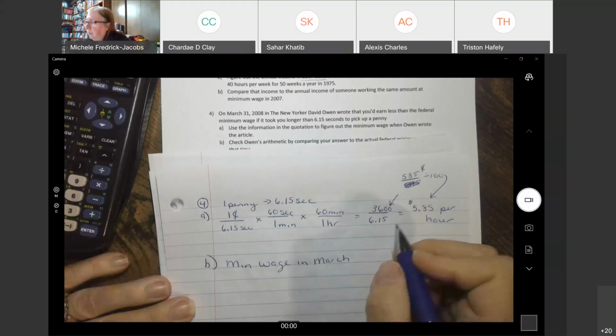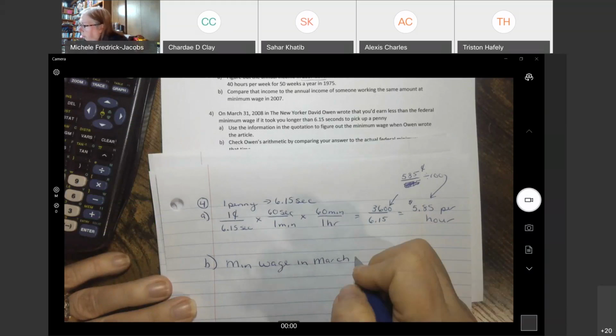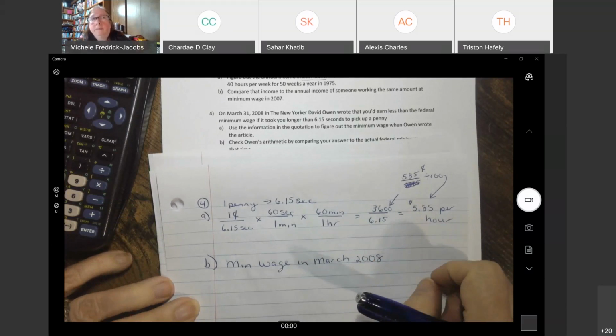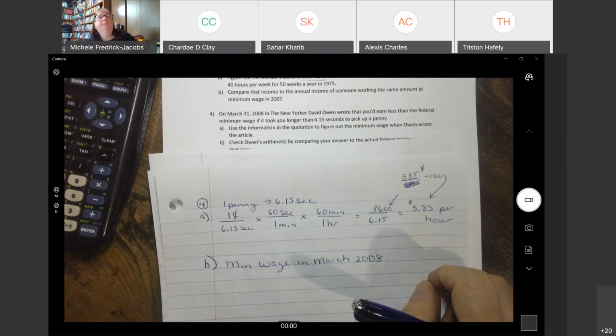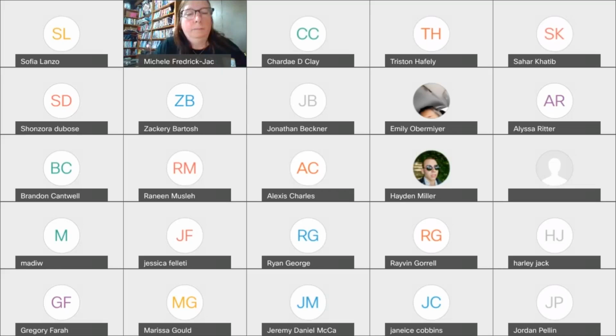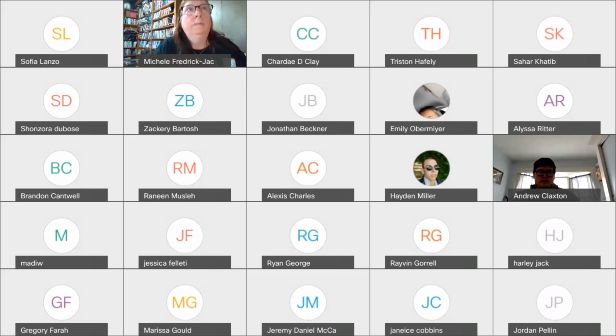So was the minimum wage in March of 2008 5.85? Look it up. I saw on the minimum wage chart that it was like 6.55 on July 24th, 2008.